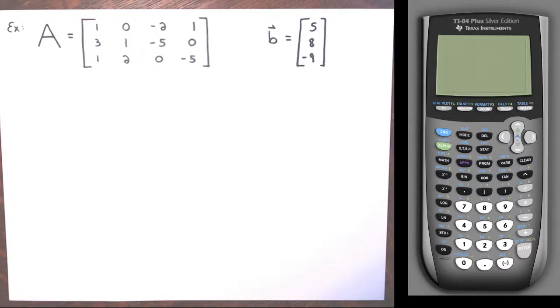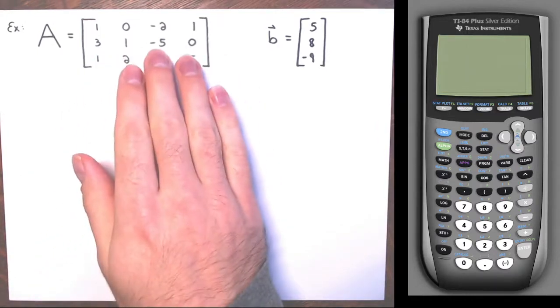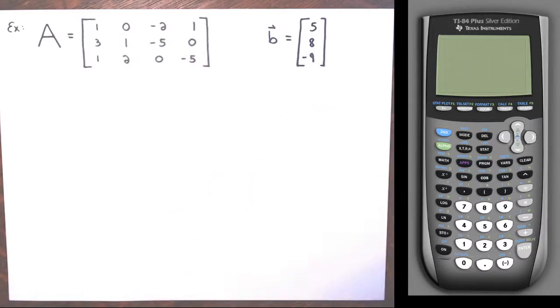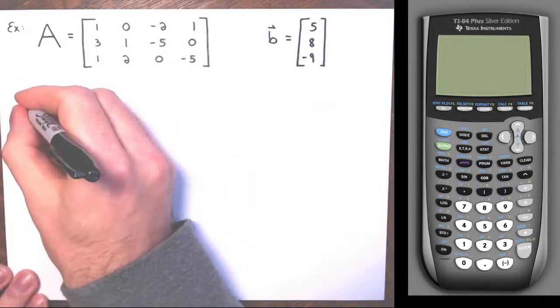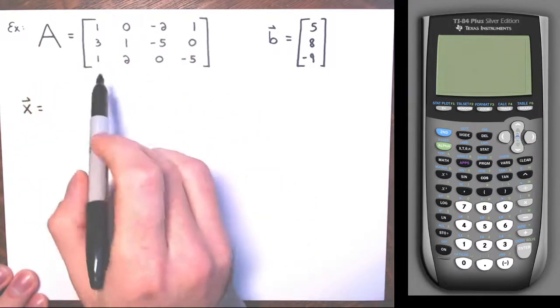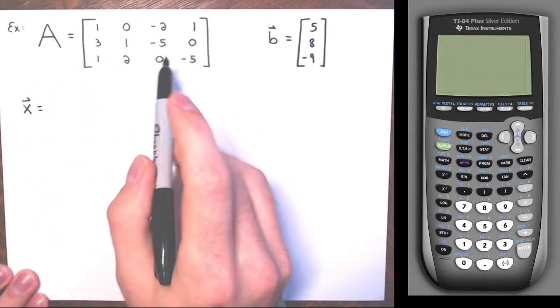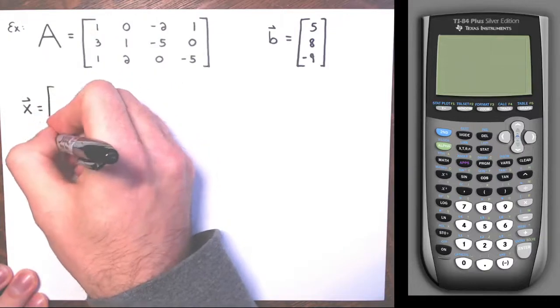All right, so this time I got a 3 by 4 matrix A and a matrix b there. So our vector x, I'm not going to write out the equation this time. Our vector x, this is a 3 by 4. So x is going to have 4 components, right?